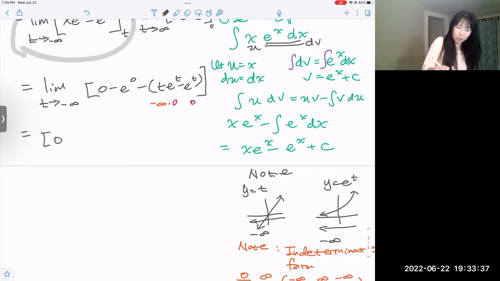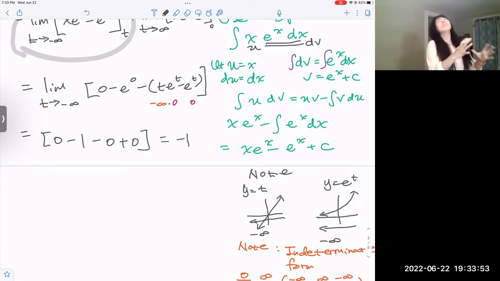Let me write down e to the 0. Any number to the 0 power, what do you get? 1. And everything else was 0, right? So we get negative 1 for the only remaining term, the first term, I meant, okay?